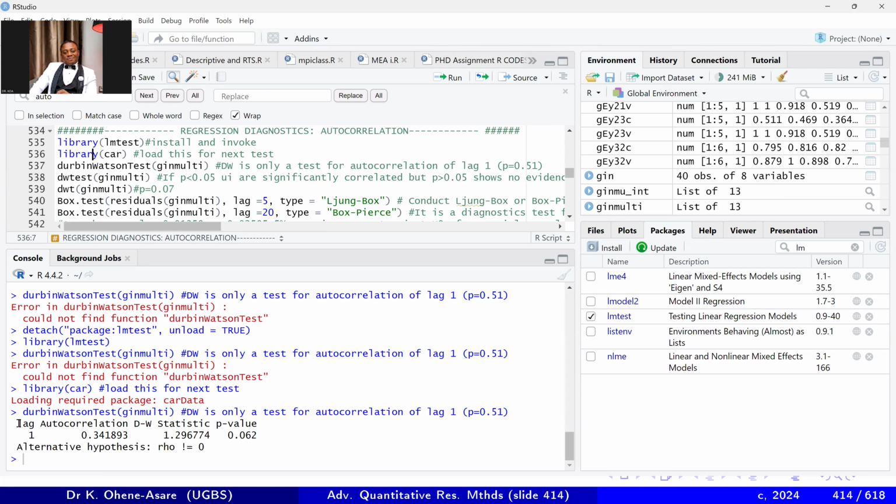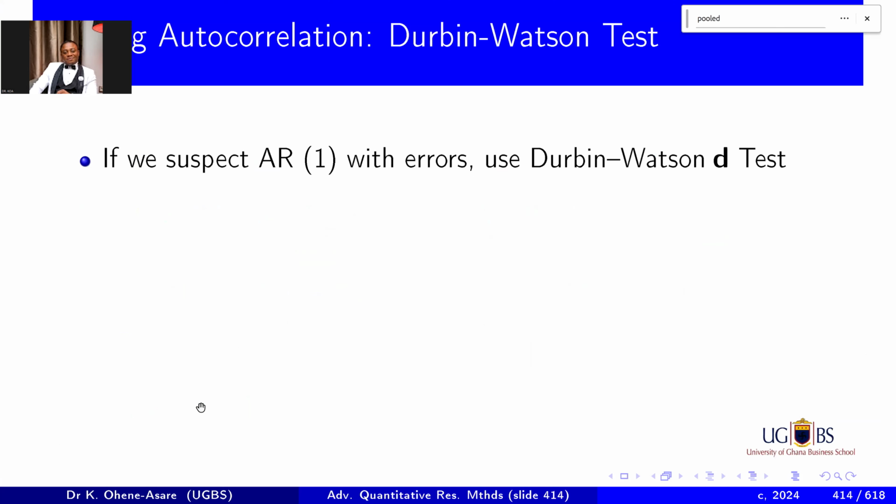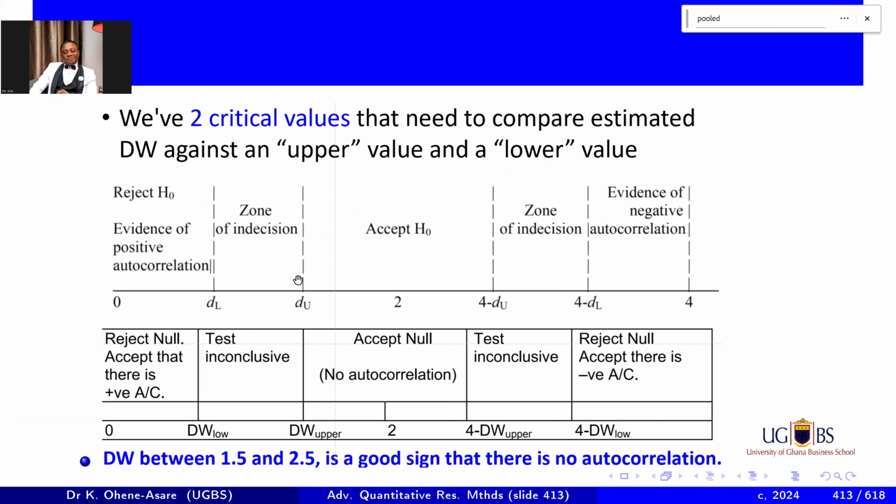Okay, so you can see that you have the autocorrelation, the p-value is almost 6%. But first, let's check the test statistic. This is the test statistic. It is approximately 1.3. Do you remember the rule of thumb? Let me just go back here. The rule was that for there to be no autocorrelation, the statistic must be between 1.5 and 2.5.